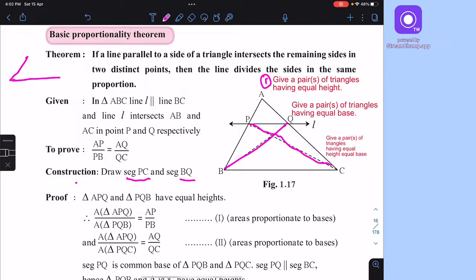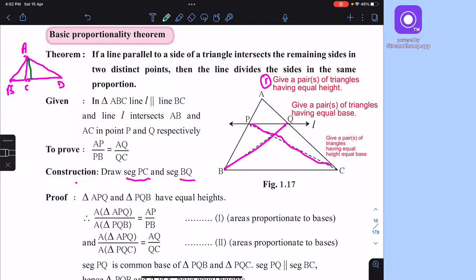From this point, if you take a triangle like this, and take a point here and join this, then this is A, B, C, D. If you consider triangles ABC, ACD or ABD, all three triangles will have the same height, the perpendicular from the vertex to the opposite side.